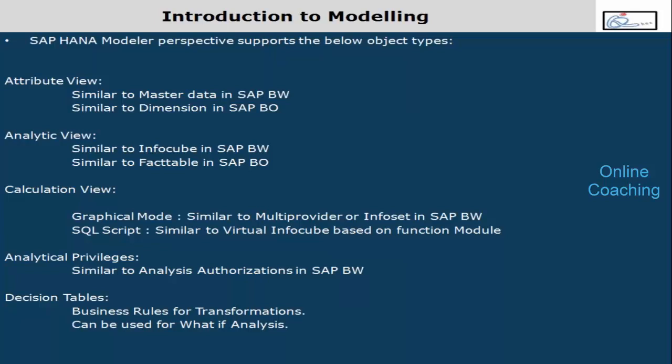So when you say attribute view, what is it? As part of an attribute view, we do all this slicing and dicing: take a lot of tables, join them, unify them, add some new columns, derive some new columns or calculations, do whatever you want. And ultimately, as an output, you project some columns from this view.